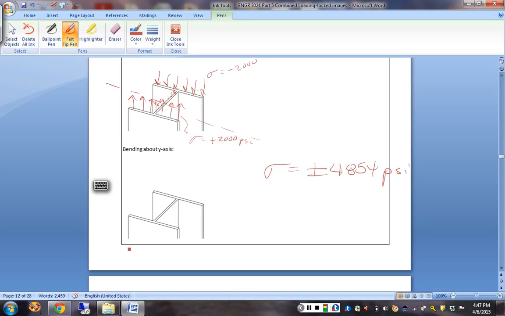My neutral axis this time is along the web. And what does this look like? At point A, am I tensile or compressive? Okay, which means I also have to be tensile here. Compressive here, and how does it change in between? It varies linearly.